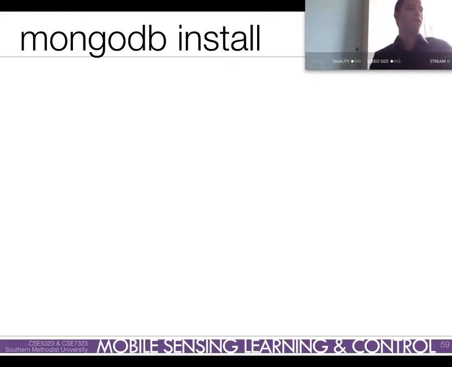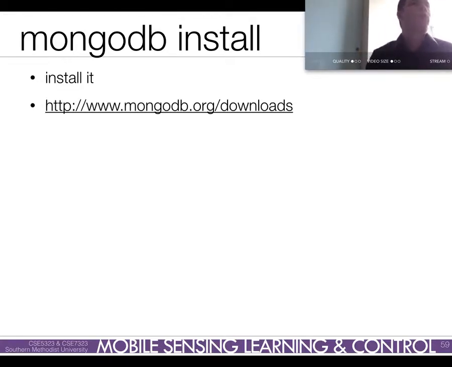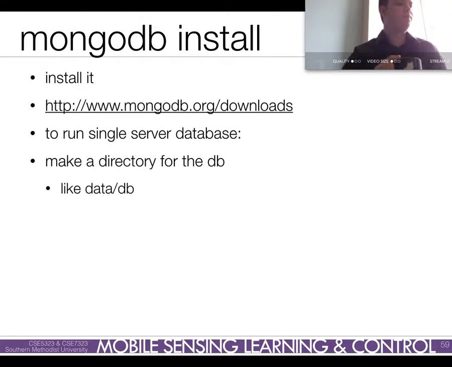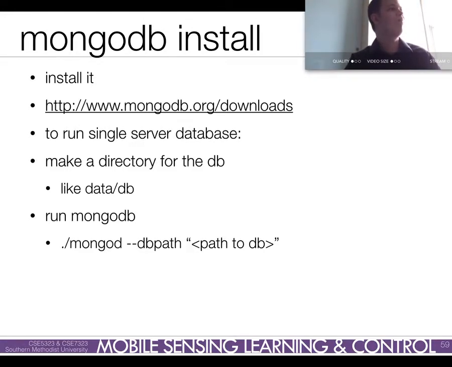Okay, so when you want to install MongoDB, you essentially need to go to their website, download it, and install it. You're going to download it as a .tar.gz, and extract it, and then make a directory where you want the database to be. So use data/db. That's a directory where everything is going to be saved. Then you're going to go to wherever you downloaded that tar.gz and extracted everything, and you're going to type in mongod, and give it a command line argument, which is the database path, dbpath.